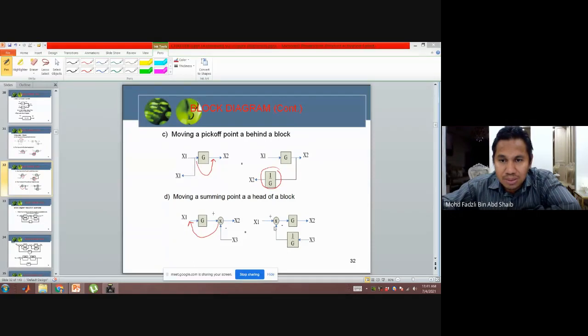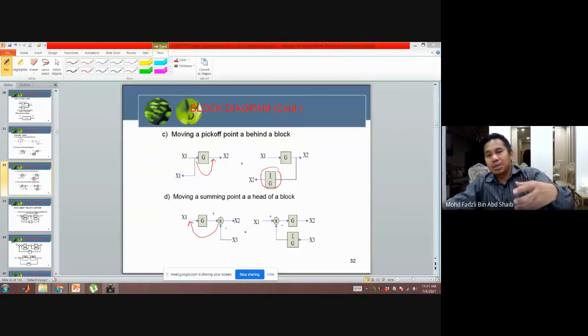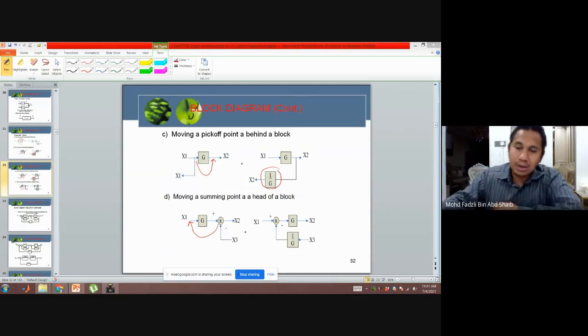When we move the summing point to the back, we need to add 1 over G after X3. Previous is nil, so we add 1 over G here. Okay, maybe it will be hard to understand. Maybe I will show you example by example to make you understand.